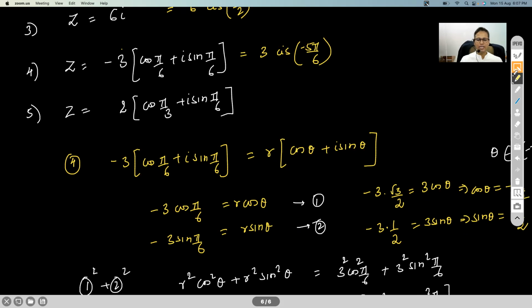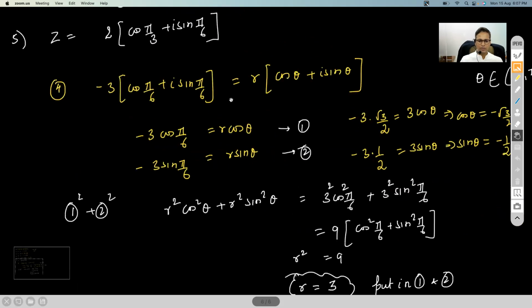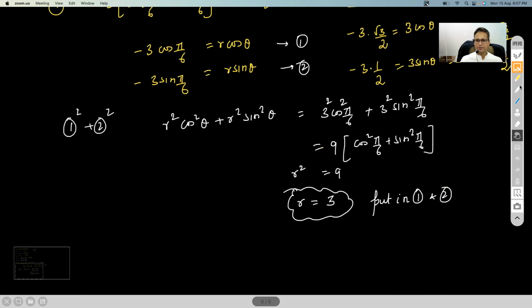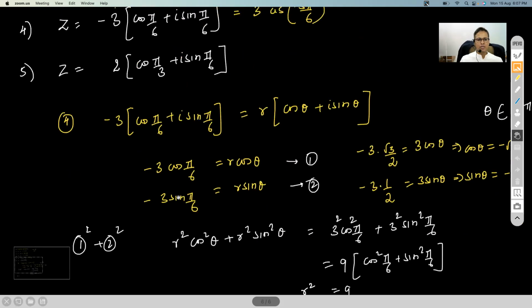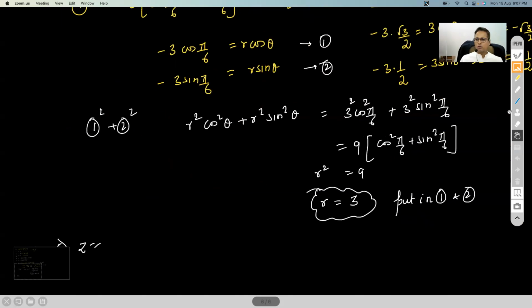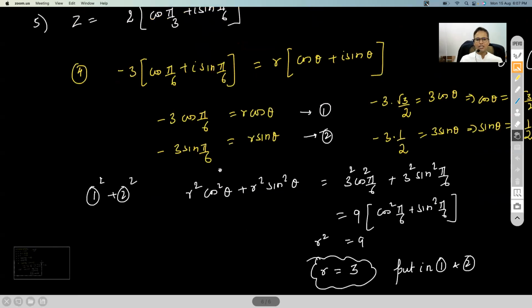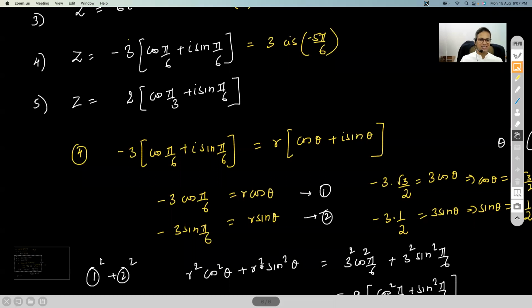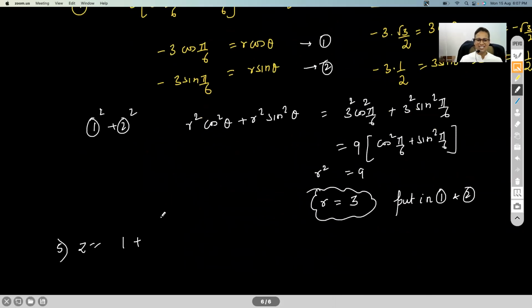Let's discuss the fifth one now. Let me write here. So for the fifth one, you have your z as 2 cos pi by 3, which means 1, and 2 sine pi by 6, that is i into 1 again. So that is as good as this, isn't it?